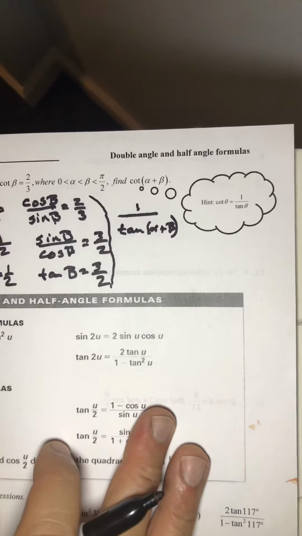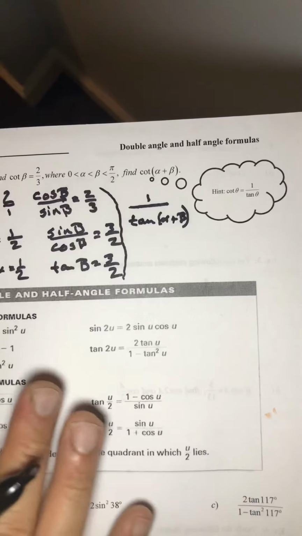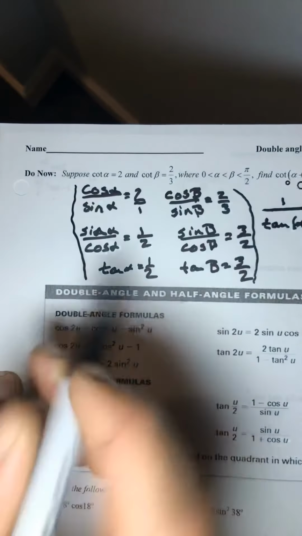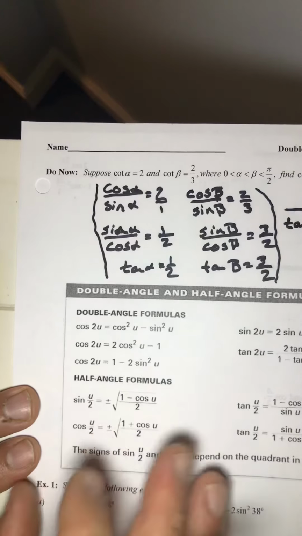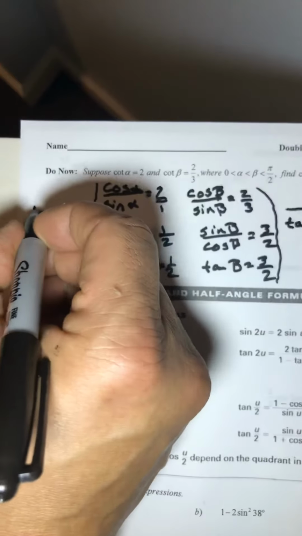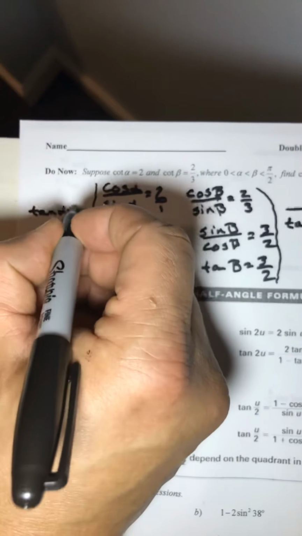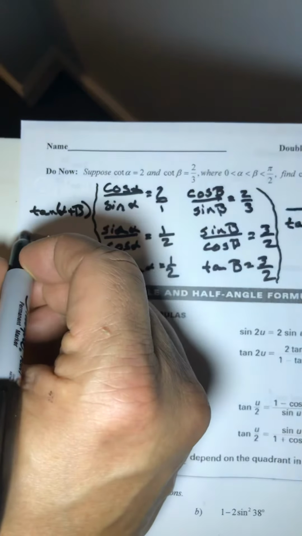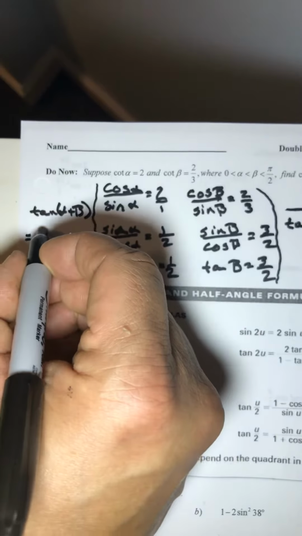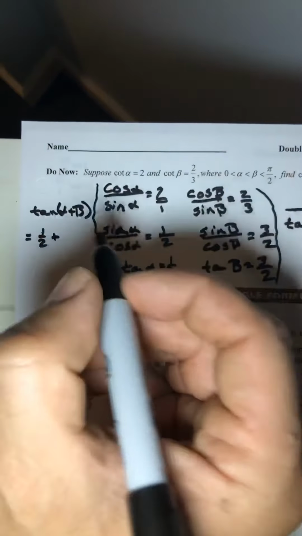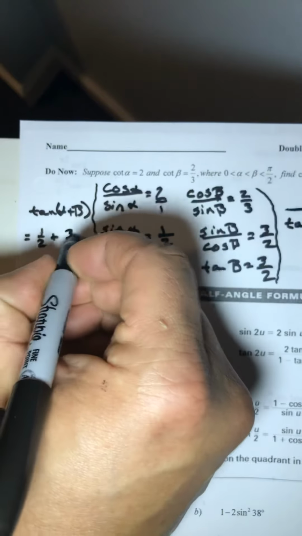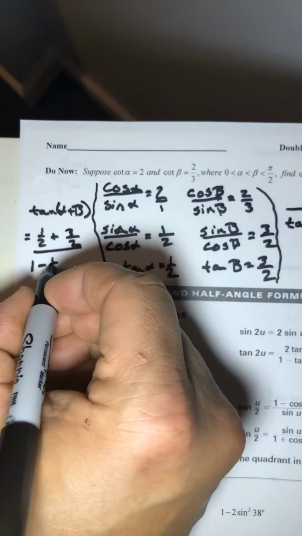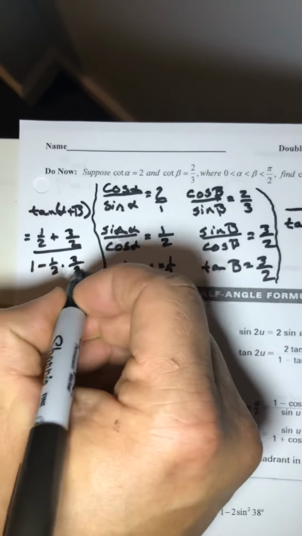Now, tan of alpha plus beta, I'm trying to use really dark markers, so I'm really running out of room. So what I'm going to do is kind of squeeze it over here. So the tan of alpha plus beta, we practiced that all day yesterday, is going to be tan alpha, which is 1/2, plus tan beta, which is 3 over 2, over 1 minus 1/2 times 3 over 2.